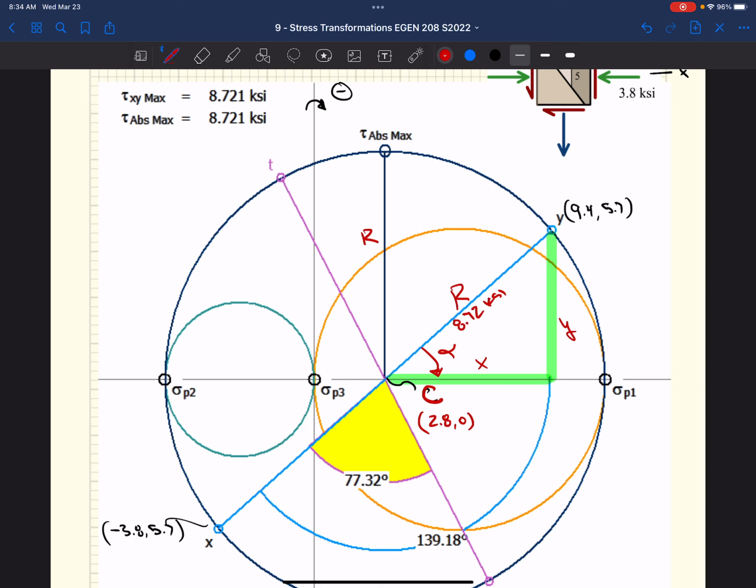The inverse tangent, which would be the inverse tangent of the opposite over the adjacent of this little triangle we made in light green, where our y is our opposite and our x is our adjacent.